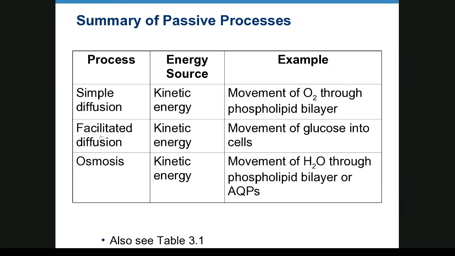Facilitated diffusion, movement of glucose into the cells. It has to be facilitated by insulin as well as an insulin receptor. Osmosis is movement of water through a selectively permeable membrane from an area of high water concentration to an area of low water concentration, which also means towards a higher solute concentration.